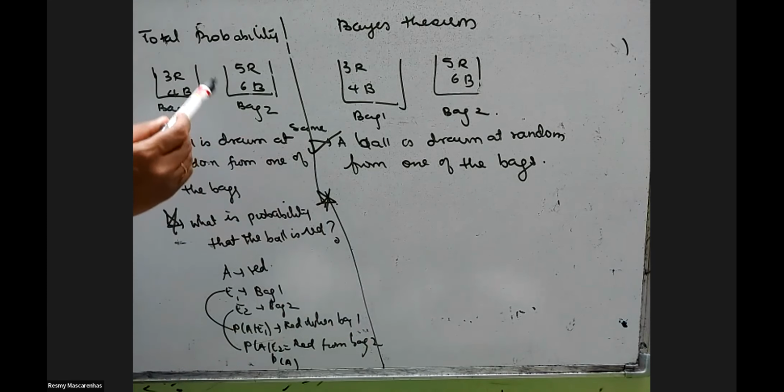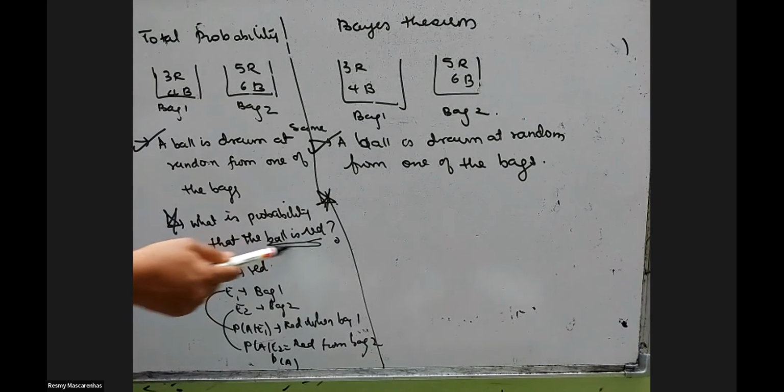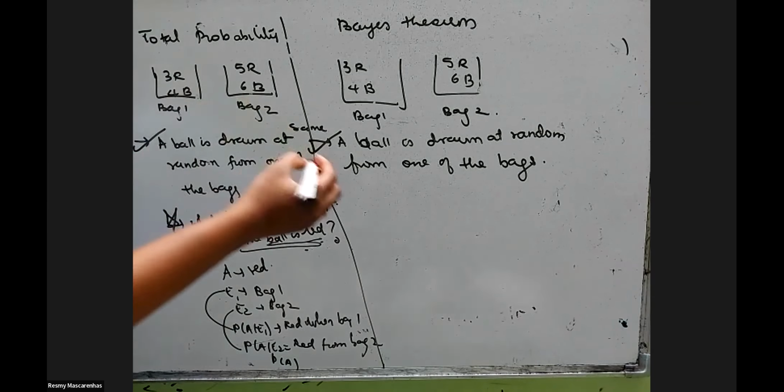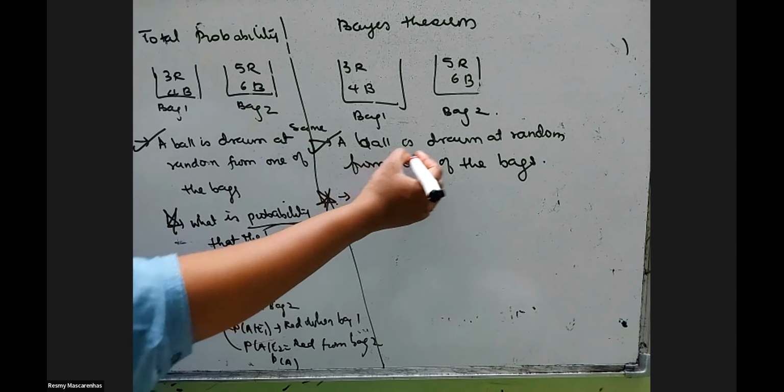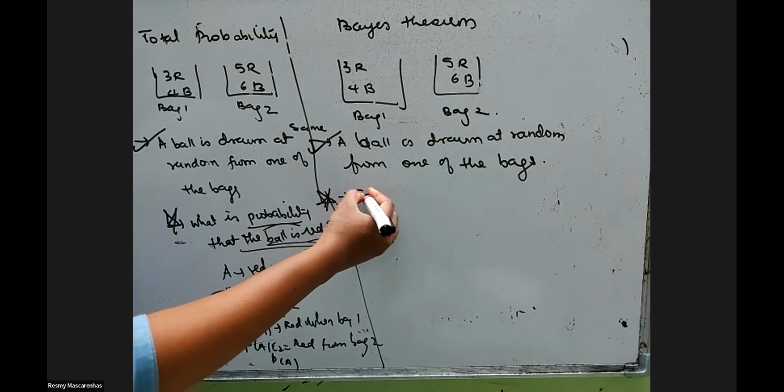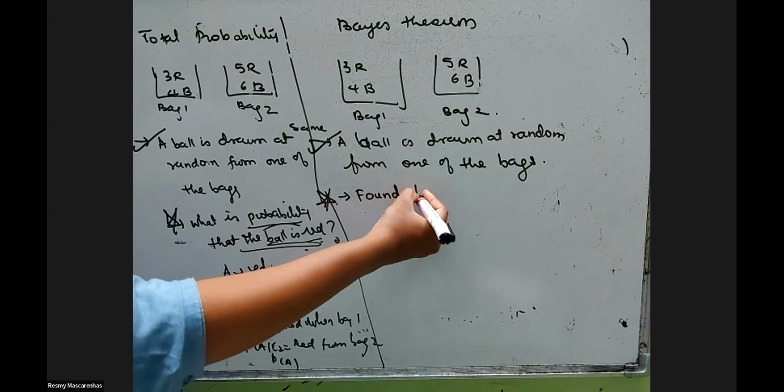Straight away it is asked, what is the probability that the ball is red? It could have been black also, it could have been red also, but they are asking the probability of a red ball. Now see this question, which they are supposed to solve. They have asked about a ball drawn, but they are already telling it is found to be red.